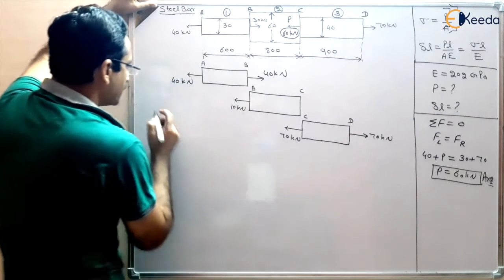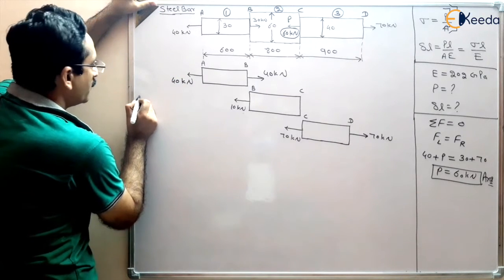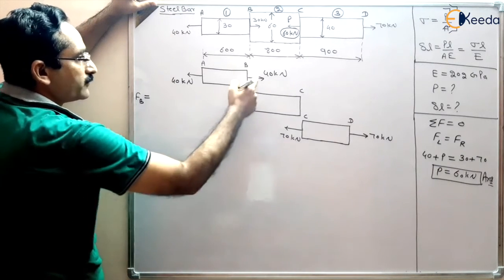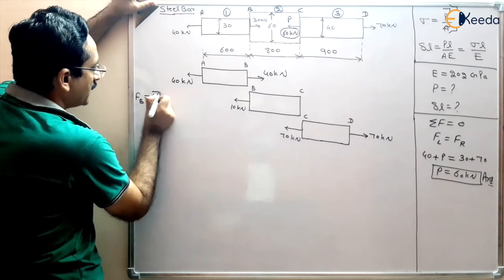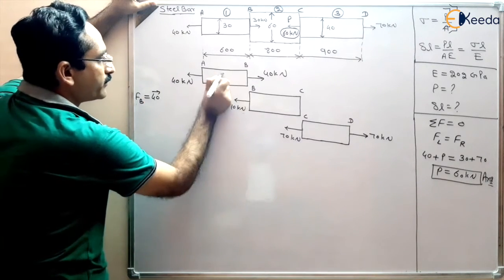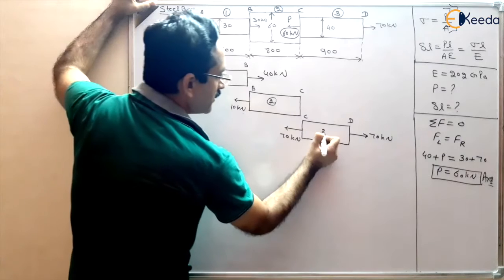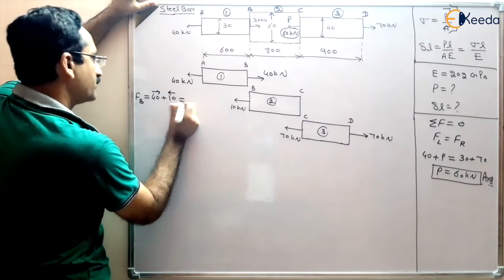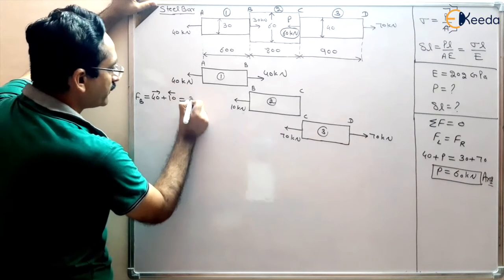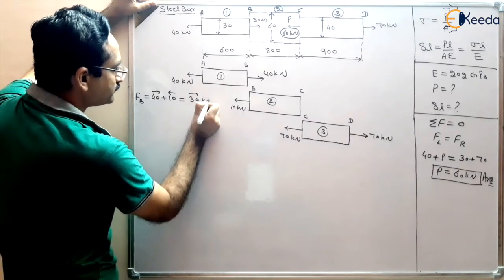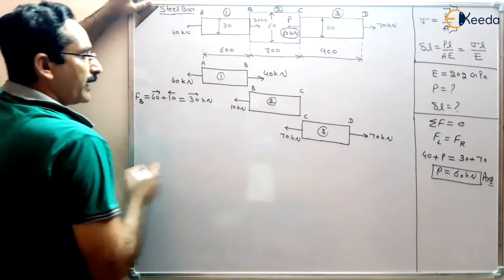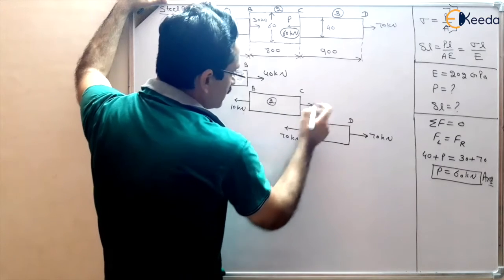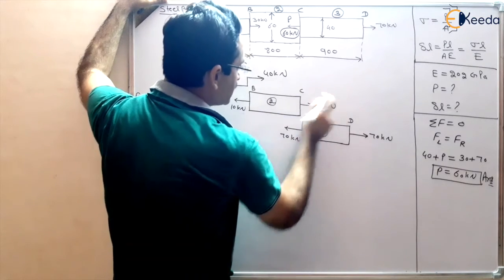So we can write that force on B, FB, will be equal to 40 rightward in AB and 10 leftward, so 40 minus 10 will give 30 kilonewton rightward. And if this is 10, there must be 10 because there is no intermediate force here, so this must be 10 kilonewton, so that the body is in static equilibrium.